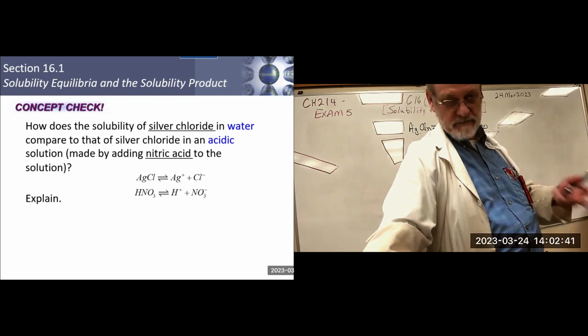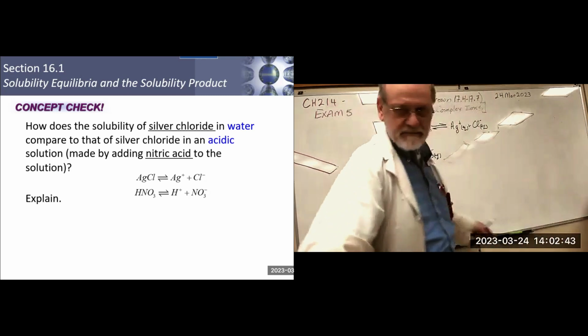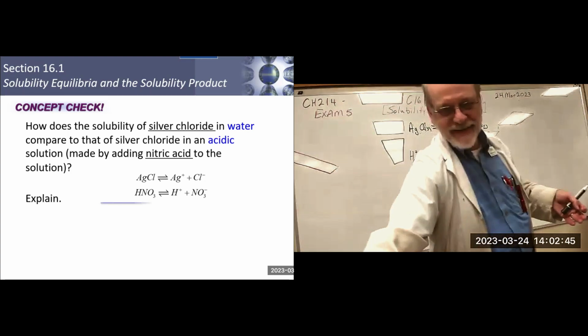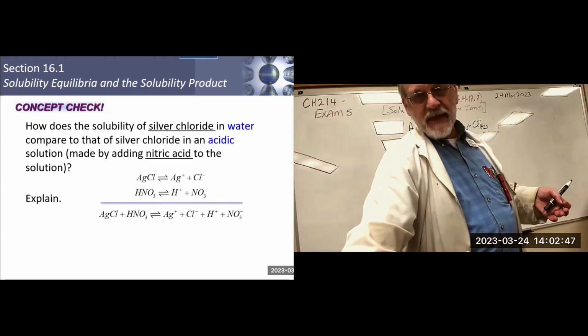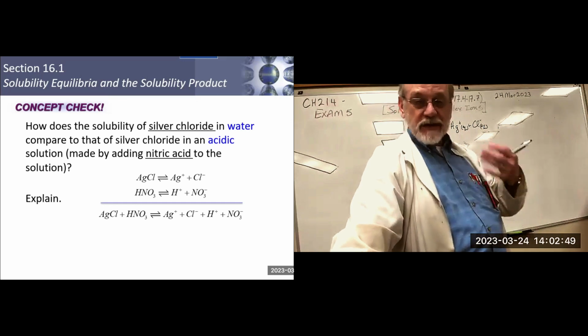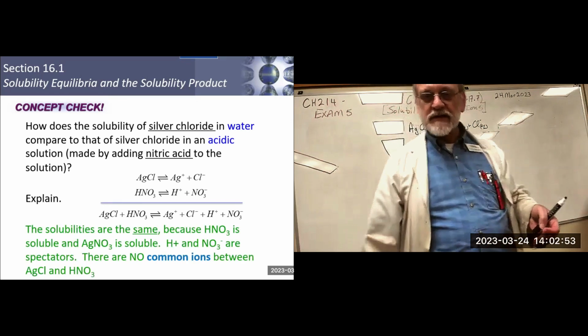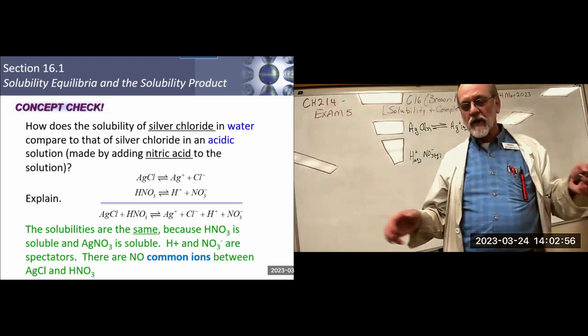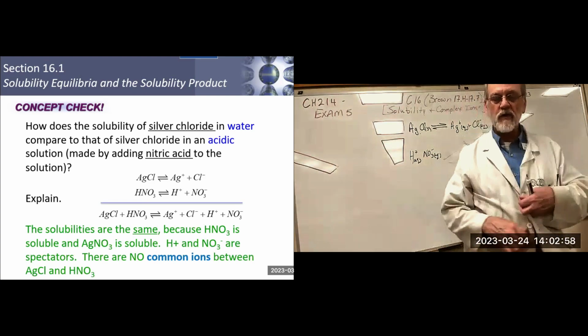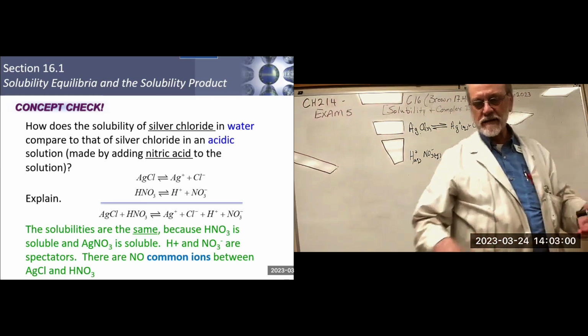And when you add them together, you still get free ions, right? So the solubility is going to be the same no matter what. There are no common ions between silver chloride and nitric acid.